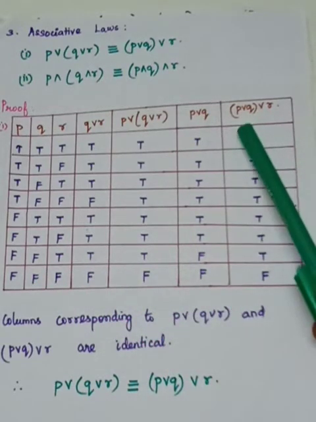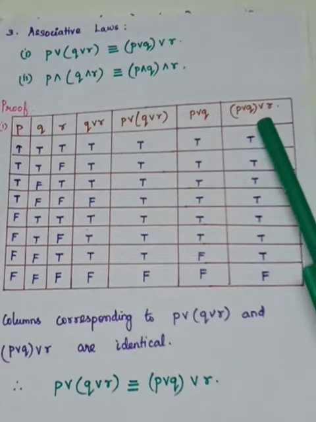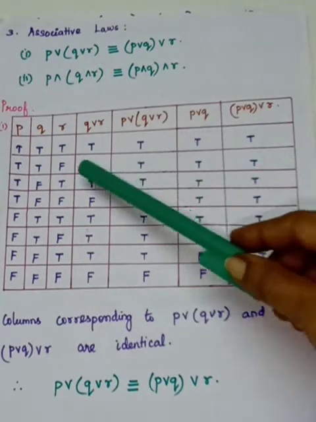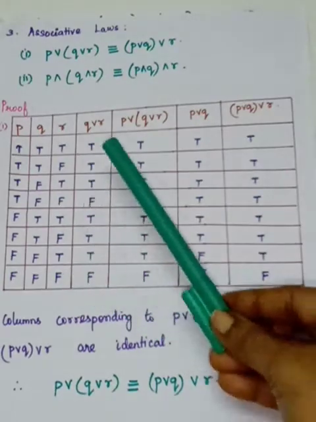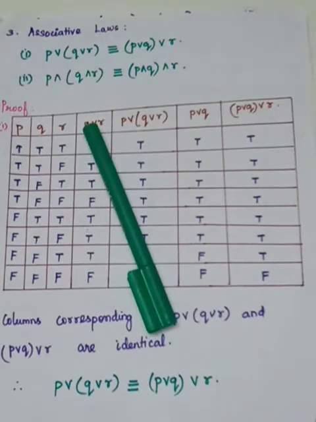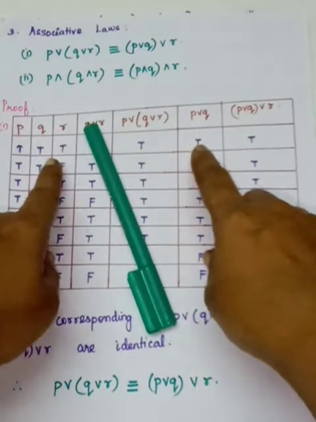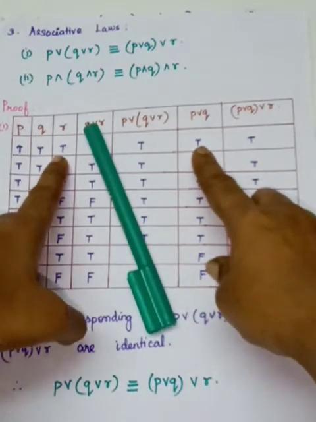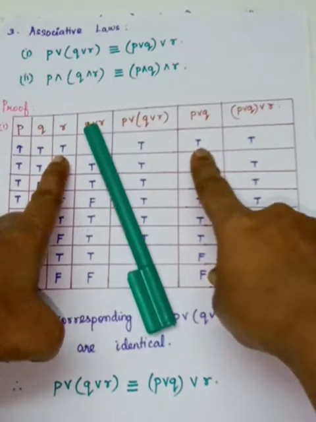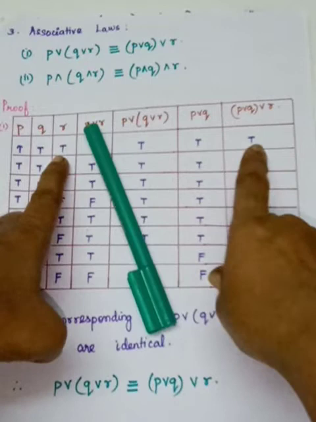Okay, so which one do you have to see now? (P or Q) or R. So P or Q is in this column, and R is in the third column. So you have to see the third and the sixth column. You see my hands, these two you have to concentrate on. You should not concentrate on the remaining. So here you have R, and R means both are true, so it is true.